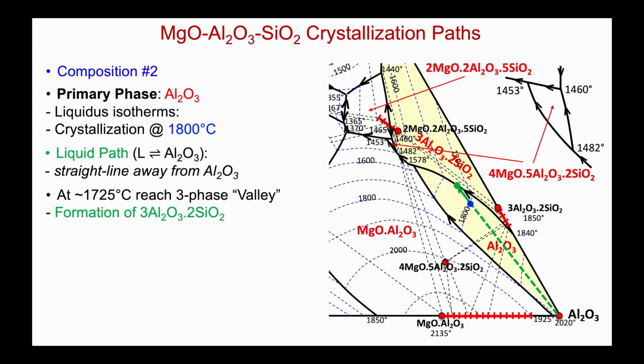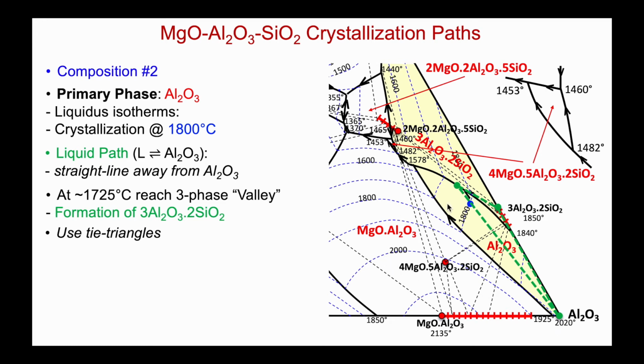We know a third phase must crystallize, and the third phase to do so is the primary phase on the other side of the valley, 3Al2O3·SiO2. Use our tie triangles again, shown here. So at this point, three phases are going to coexist, shown at the corners of the tie triangle. This is the same three-phase equilibrium we had before.